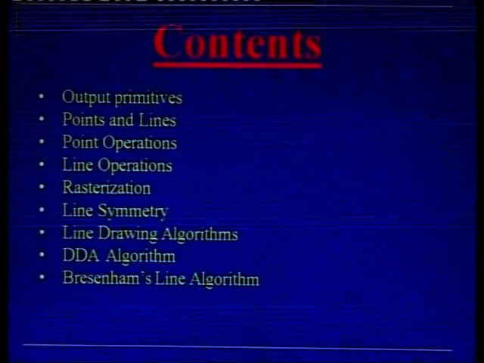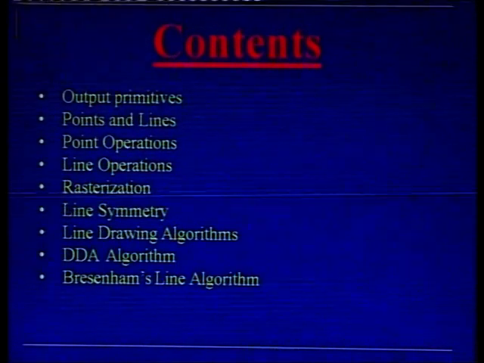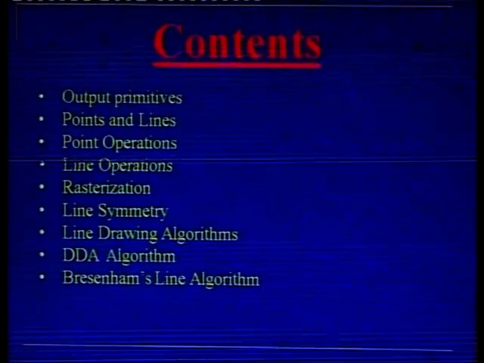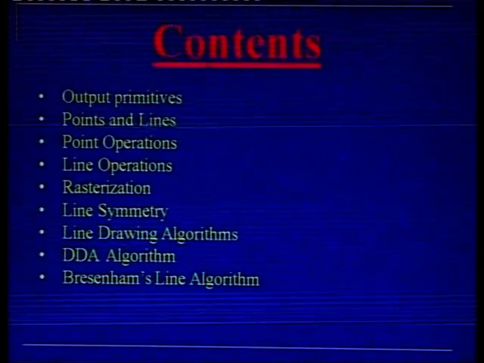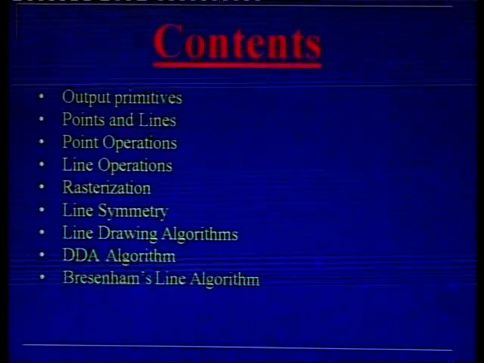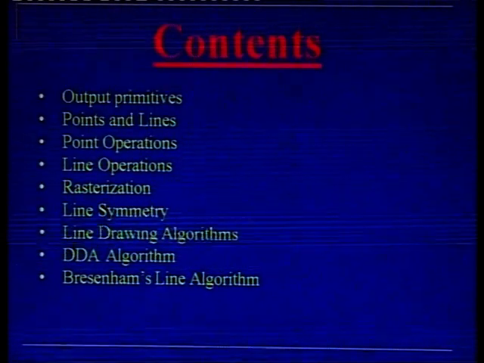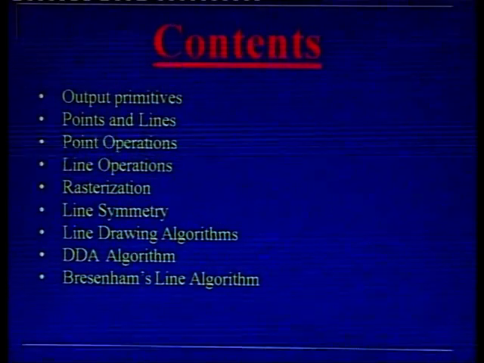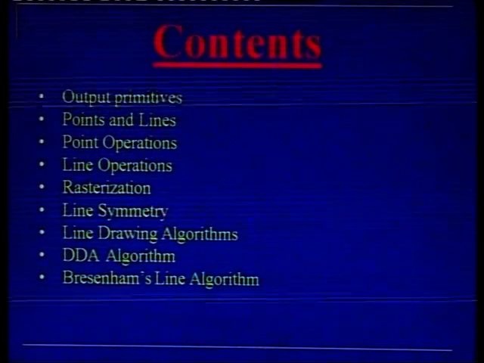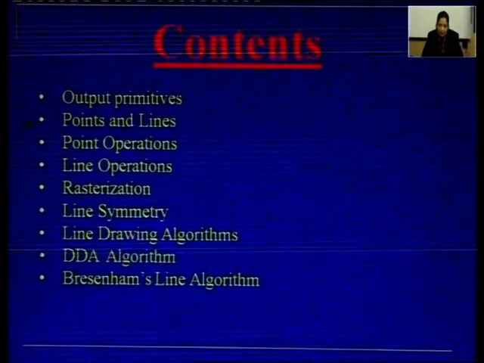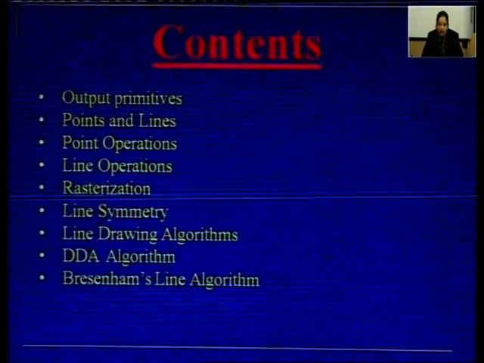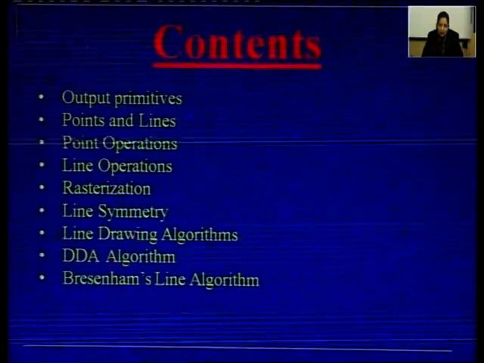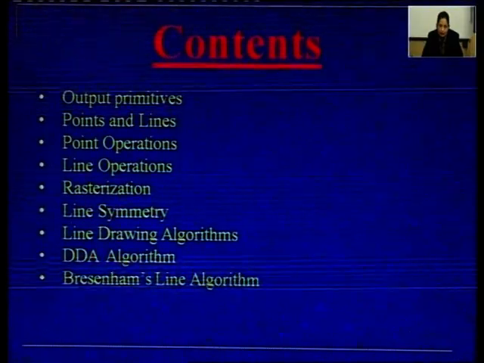The output primitives may be points, lines, and with the combination of lines we can have polygons, hexagons and many more types of shapes, and there may be types of arcs. With the arcs we can create circles, ellipses, parabolas, and various other structures. So these all are the output primitives with the help of which we can make the various geometric structures.